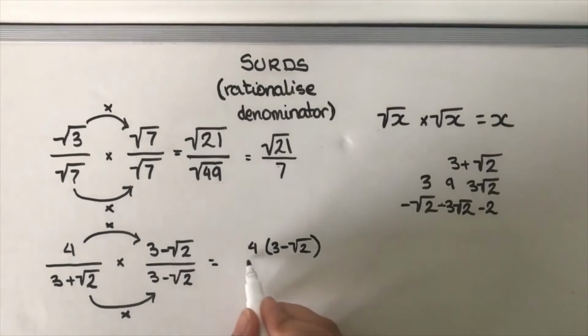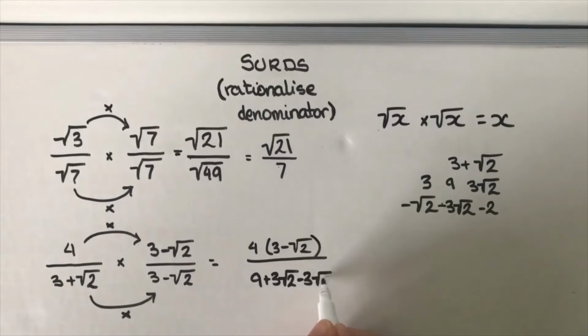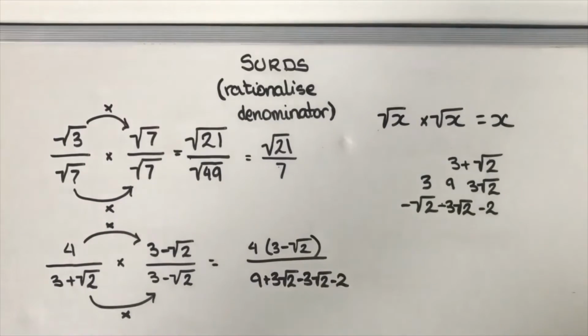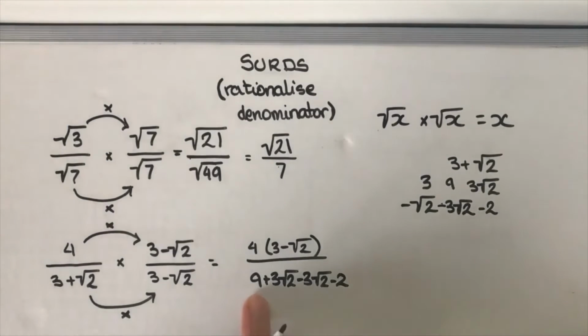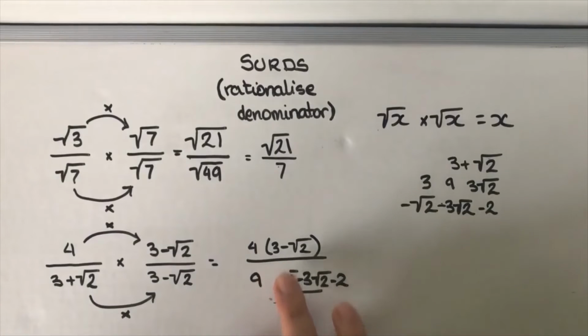So in the bottom of our fraction, we should get 9 plus 3 root 2 minus 3 root 2 minus 2. Because this is 9 plus 3 root 2 minus 3 root 2, these two cancel each other out. So we can get rid of that from the bottom as the denominator.